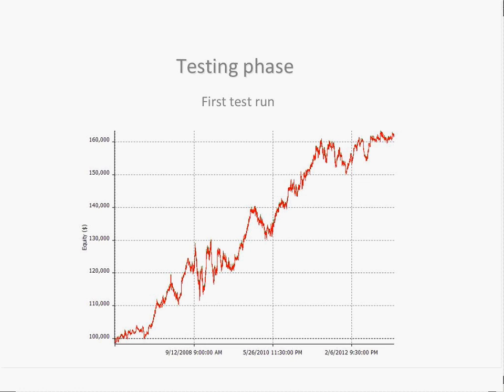The first run of this test. From the first run, we can clearly see that yes, there is some definite upwards bias.